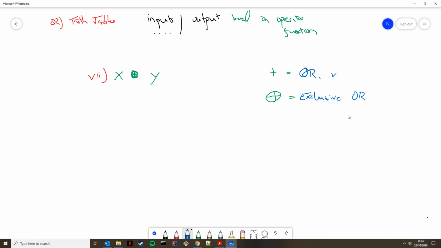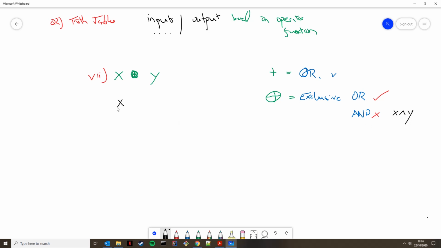This means we only want the or values. So when one is true and the other is false, we do not want any and values. So that means we do not want X and Y to both be true.